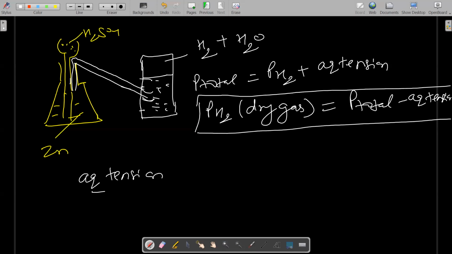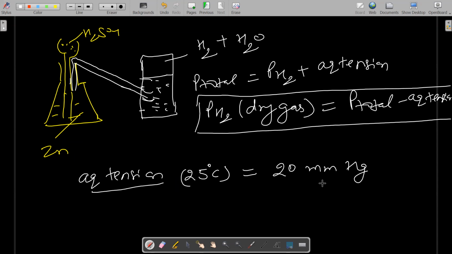The aqueous tension value of water at room temperature is what we take as the standard value. Suppose it is 20 mm of Hg at room temperature, so this value is fixed. If the temperature changes, the value changes, but it is a fixed value at a given temperature.